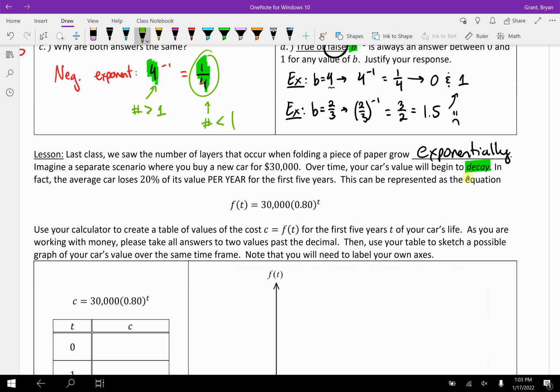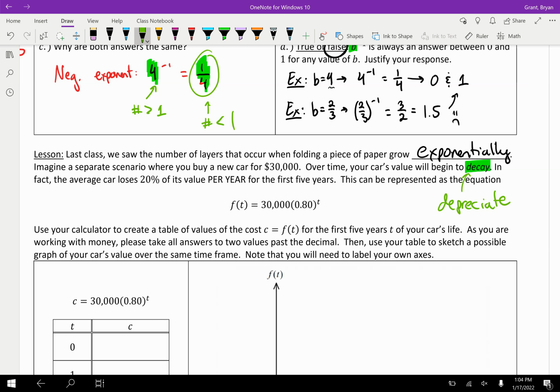If we're talking about money, sometimes instead of decay, you'll hear the phrase depreciate. Depreciate is the opposite of appreciate. If you're in a good housing market, your house might appreciate in value. It increases in value. However, in a car market, generally your car depreciates in value. Very few cars appreciate in value unless they're like a classic car, collector's item, something like that.